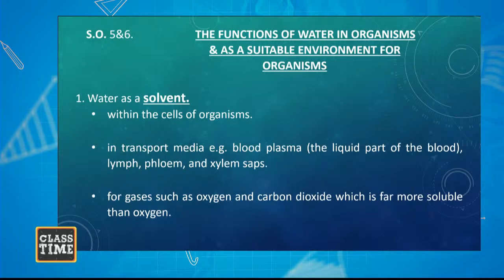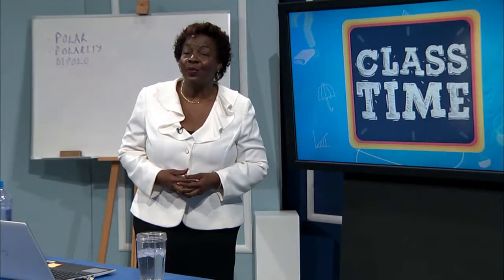In addition, water as a universal solvent allows it to perform the role of an excellent transport medium. So, as a transport medium example, blood plasma, which is the liquid part of blood, is going to have dissolved substances such as glucose, amino acids, mineral salts, and in some cases nitrogenous wastes.